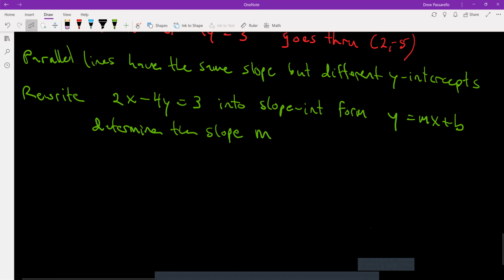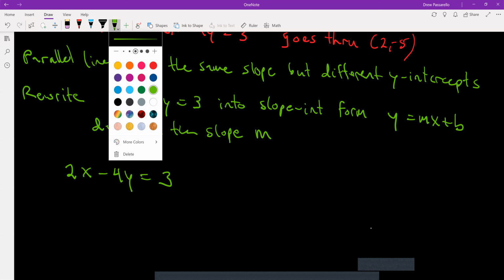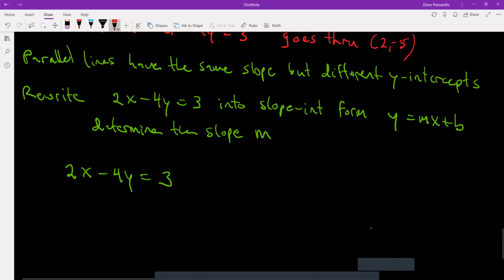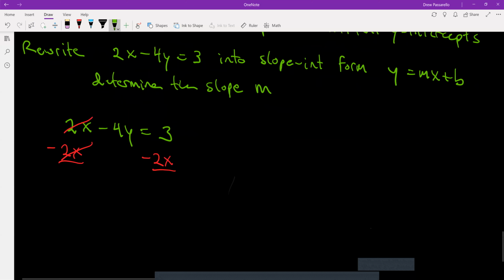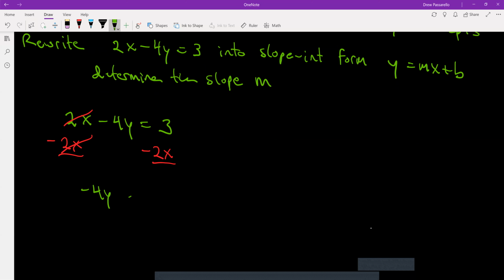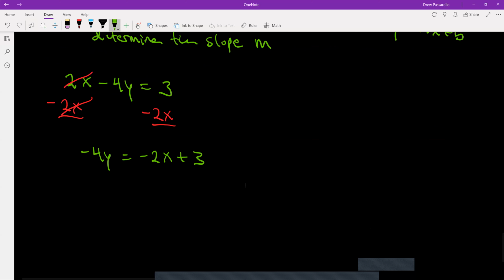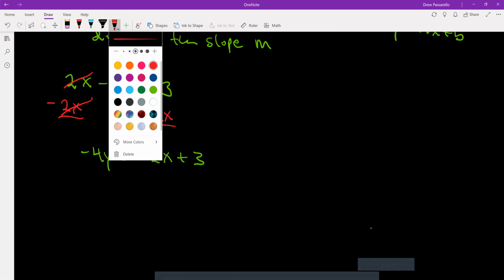All right, so rewrite 2x minus 4y equal to 3 into y equals mx plus b. So what I'm going to do is subtract 2x from both sides. So then I have negative 4y equal to negative 2x plus 3. Then I get rid of the negative 4, so I have to divide everything by negative 4.